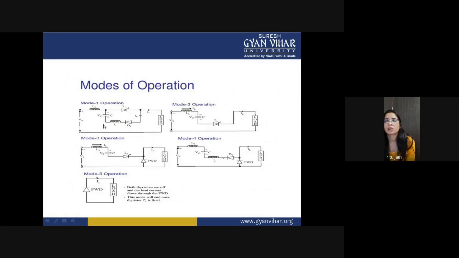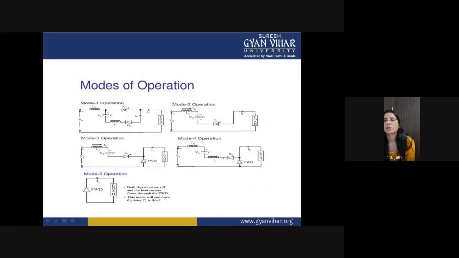This is your load current, and the capacitor current is flowing through this path: capacitor, thyristor T1, D1 and L.